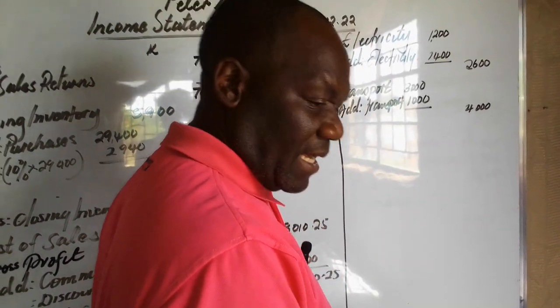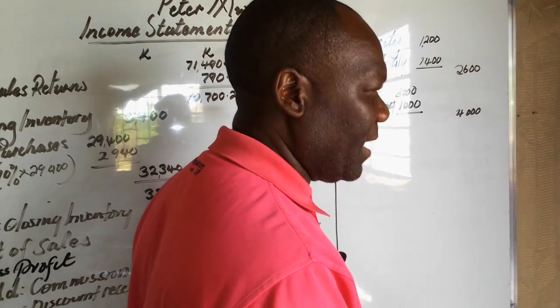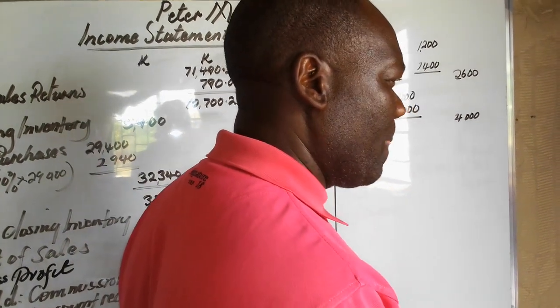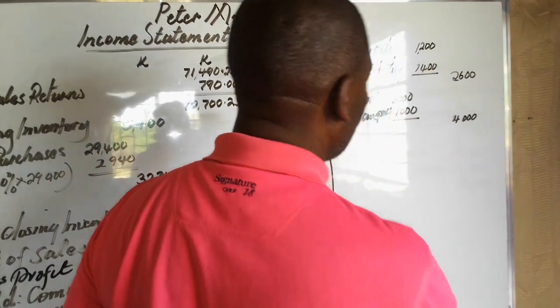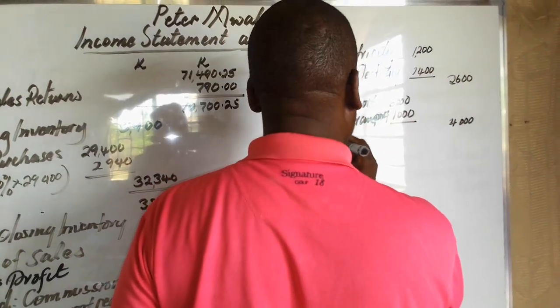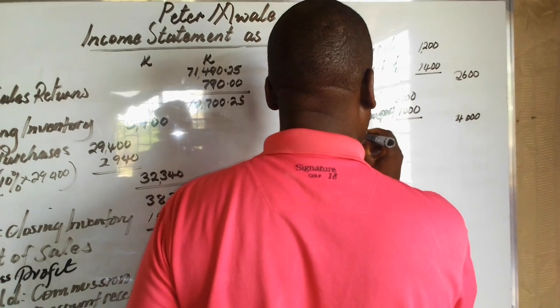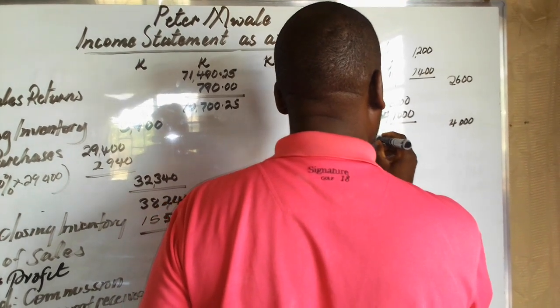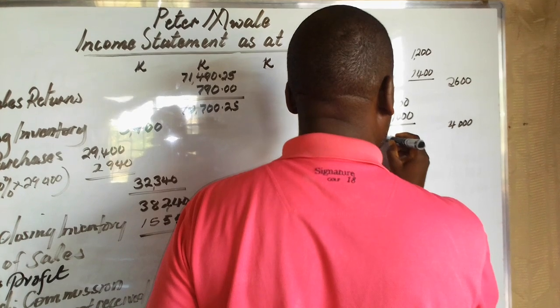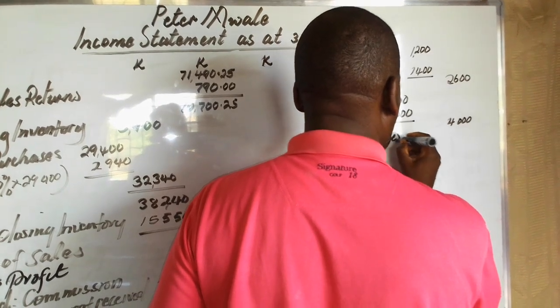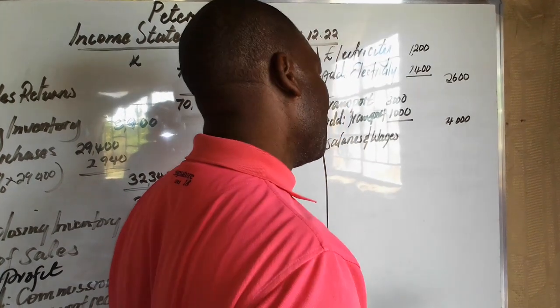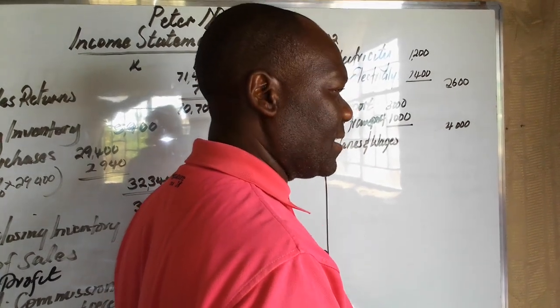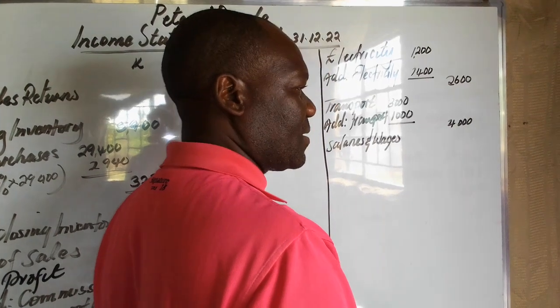Then the next expense that we have is salaries and wages. The figure for salaries and wages has no adjustment. It is straightforward, and we have 6,000 flat.